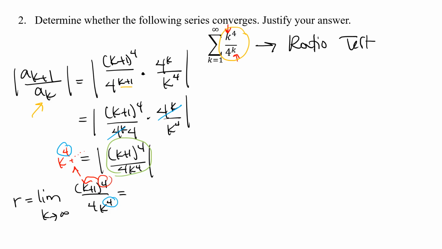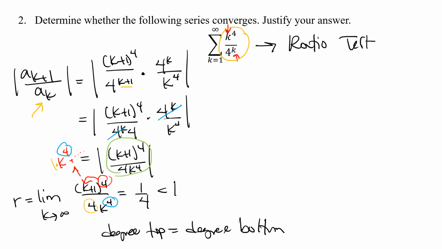So the understood leading coefficient for the numerator is 1, and the leading coefficient of the denominator is 4. So since the degree in the numerator is exactly the same as the degree in the denominator, we look at the leading coefficients, right? So we end up with 1 over 4.